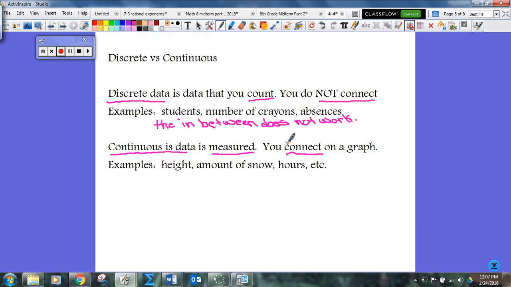Two hats make sense, but a hat and a half doesn't make sense. When it's continuous data, the in-between values make sense. I can have 3 1/4 inches of snow, 3 1/8 inch of snow. So again, make sure you have this down.